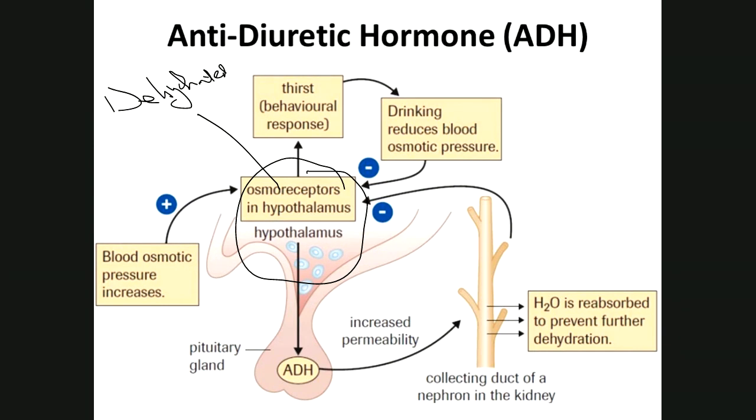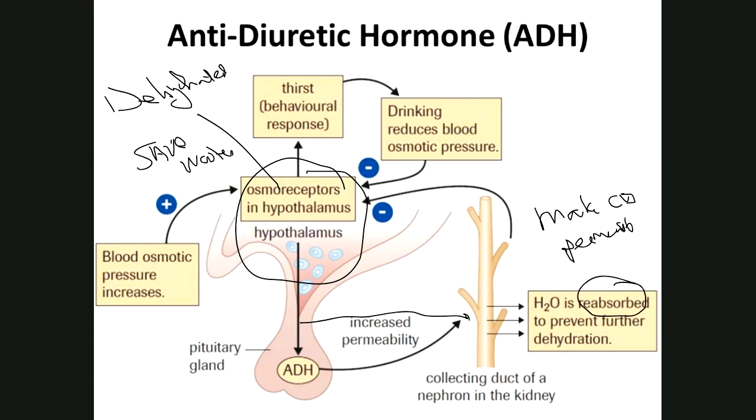And if you want to save water, you don't want to make a lot of urine. So it sends a signal. We're going to make the collecting duct permeable to water. And so the water is going to be reabsorbed. And then we're also still dehydrated, and so ADH also makes you thirsty, so that you'll drink water.